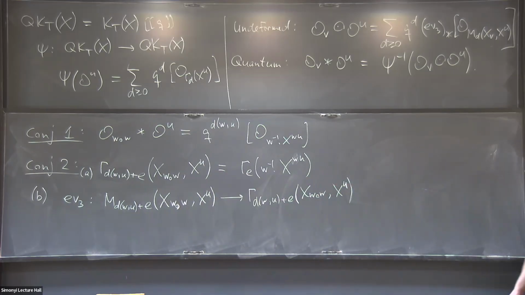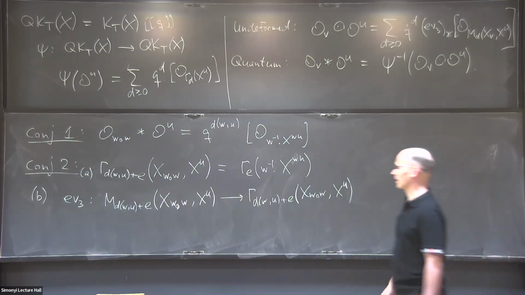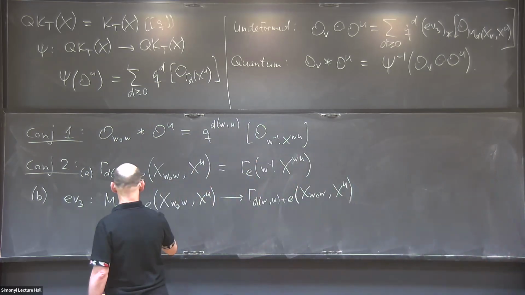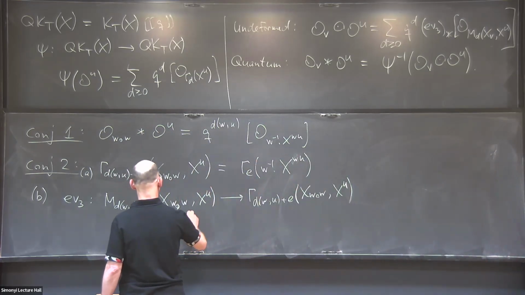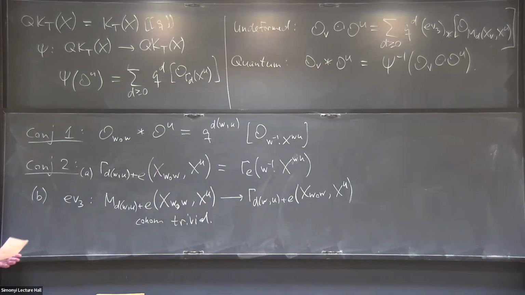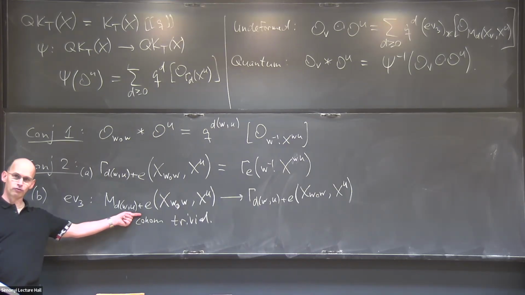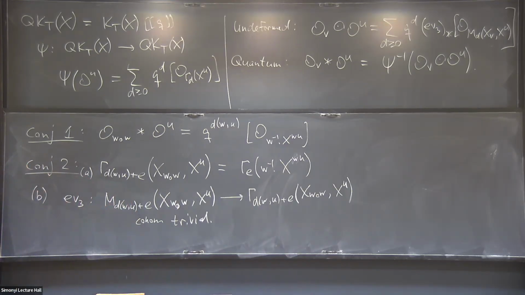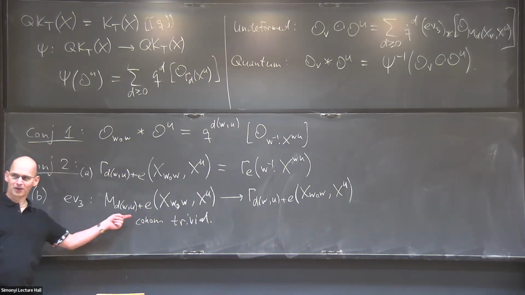So this one should be cohomologically trivial. What does that mean? That means when you take the structure sheaf on the source and push it forward, you get the structure sheaf of the target, and all the higher pushforwards of the structure sheaf on the source are 0.